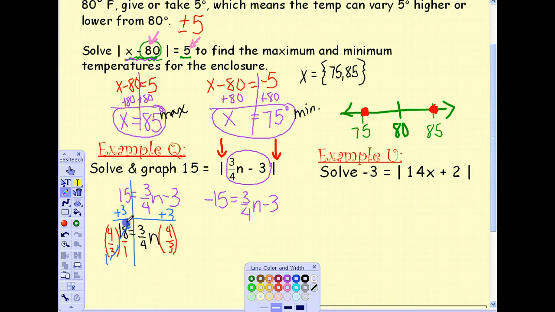That's a 6. Okay, so we have 4 times 6, which is 24. And over here, 3/4 times 4/3 is 12/12, or 1. That's the multiplicative inverse. It equals 1. So we just have regular n. So there's one of our solutions, 24 equals n.